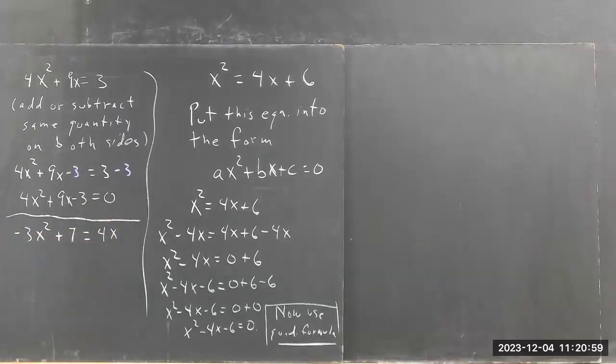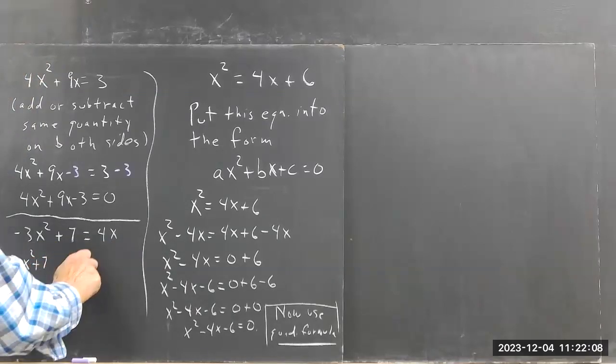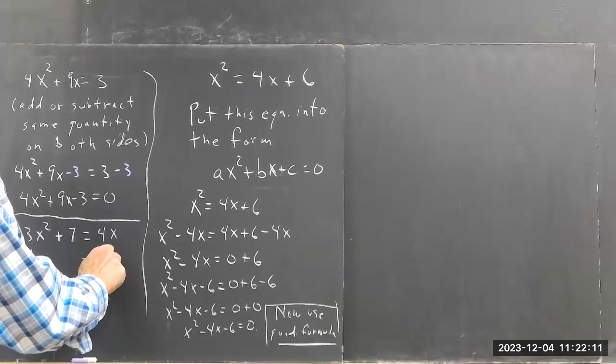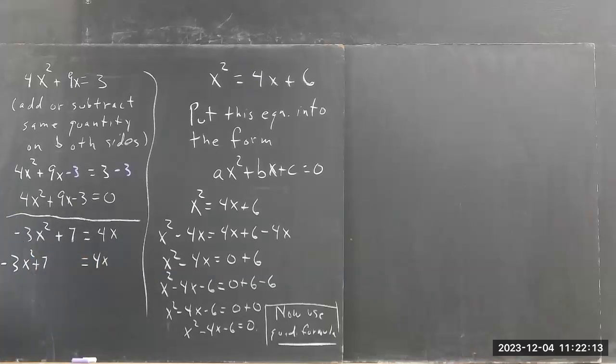What could we do to this to get a 0 on the right-hand side? Okay, a little bit of minor confusion here. And we've got this.